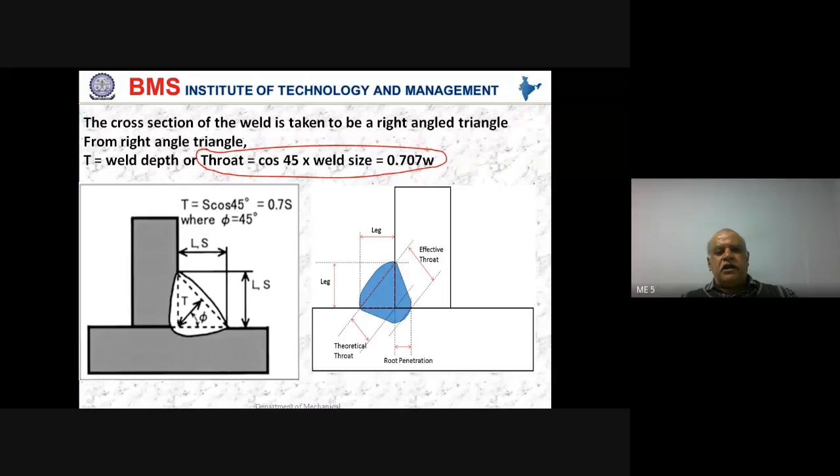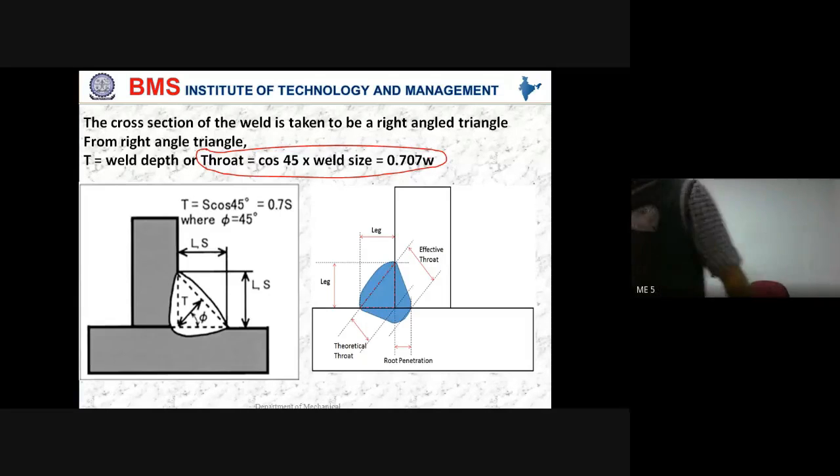So from right angle triangle, we get the throat to be equal to cos 45 times the weld size, that is 0.707 W. It's a very easy topic, so try to learn clearly.